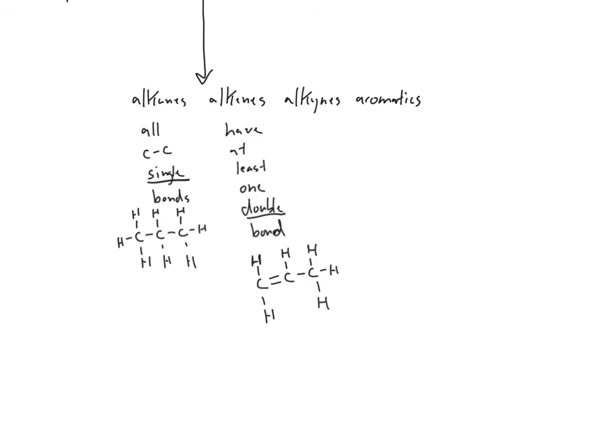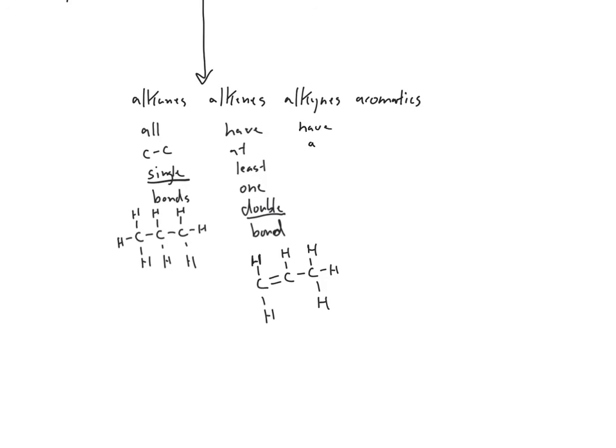That would be an example of an alkene. That double bond. 1, 2, 3, 4 bonds on this carbon, 1, 2, 3, 4, and 1, 2, 3, 4. That's an alkene.